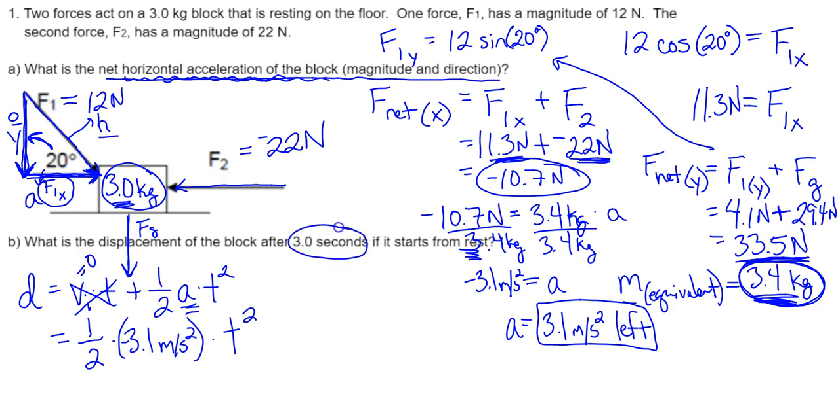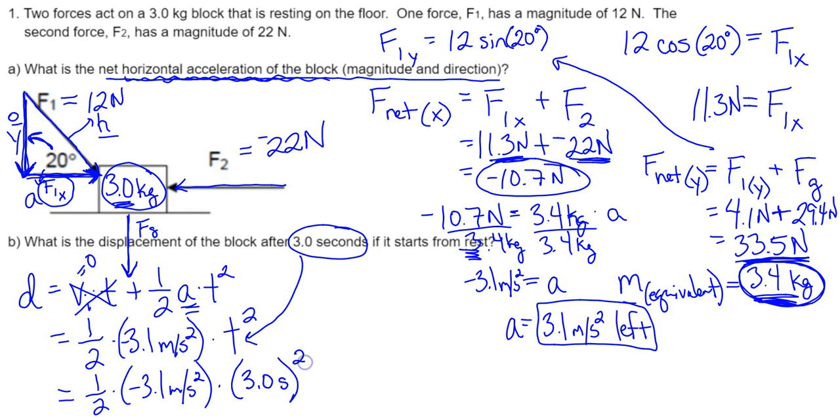and our time was 3.0 seconds, so that's 1/2 times negative 3.1 meters per second squared times 3.0 seconds squared. Okay, so we'll go ahead and just work those numbers out.